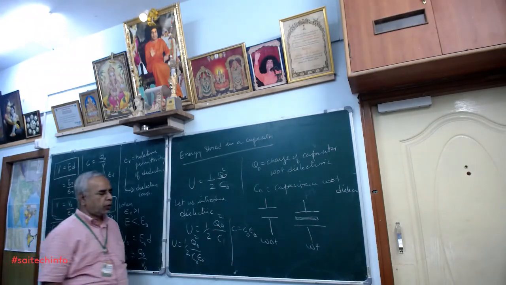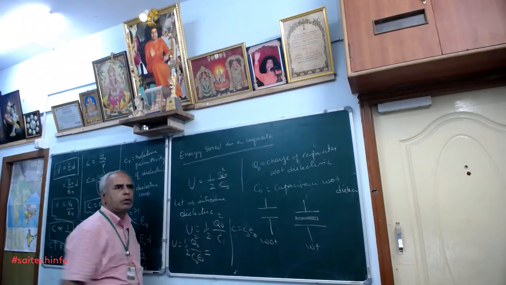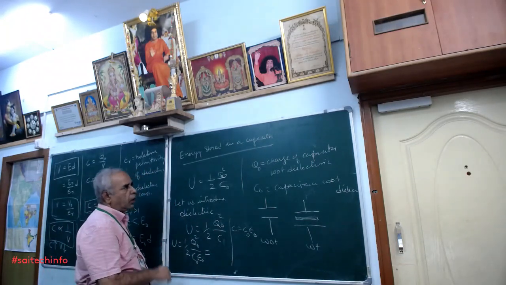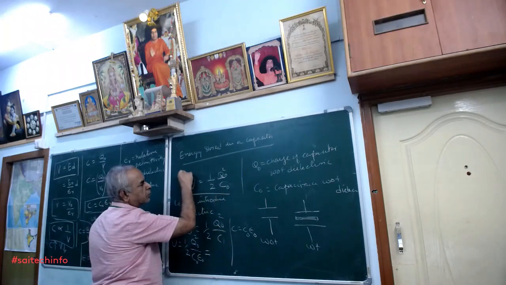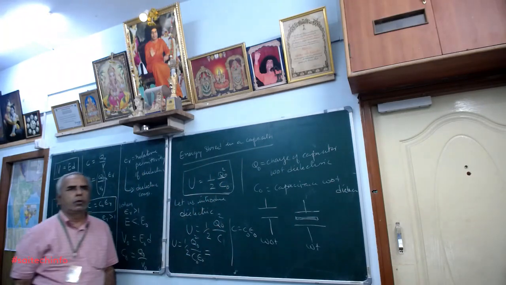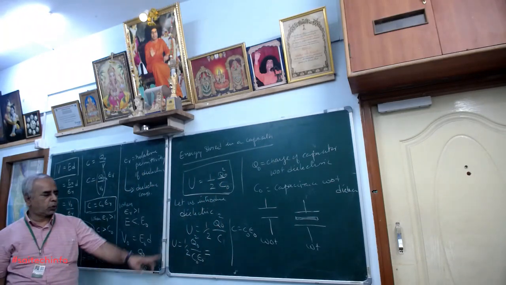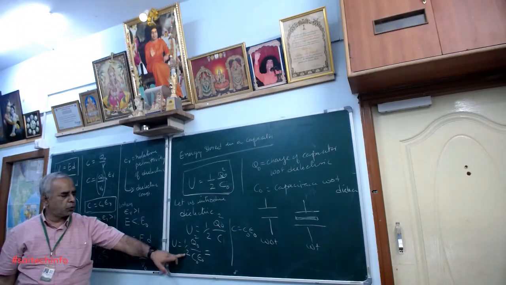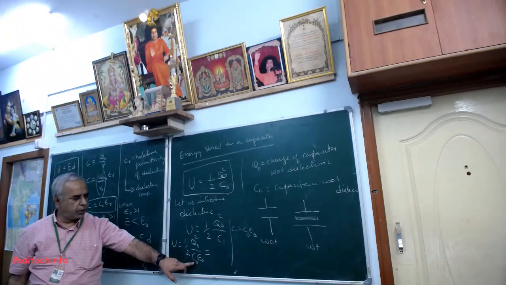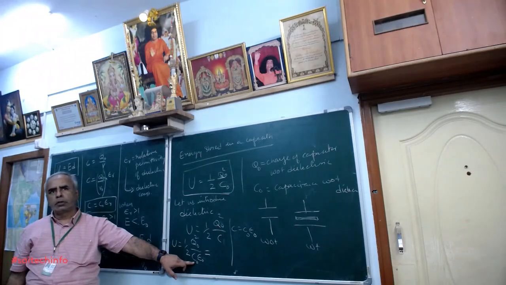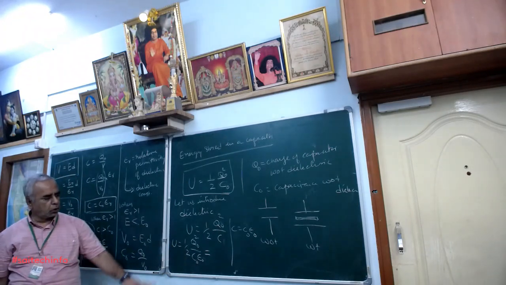We can replace this, and we have got already this equation, is it not? U is equal to 1 by 2 Q naught square divided by C naught. Right? So we can replace this by U naught. Is it not?